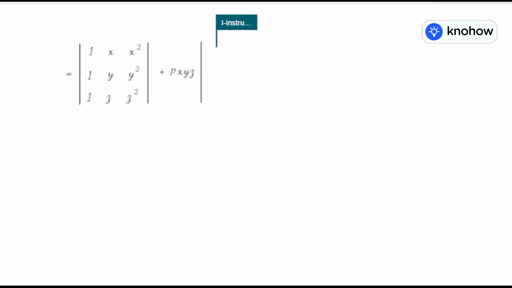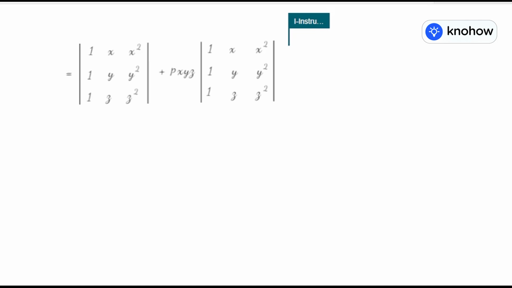You are left with, in column 1, 1, 1, 1. In column 2 you will get x, y, z, and in column 3 you will be left with x square, y square, z square. Now you find that we can take the determinant common from both, and you will get 1 plus pxyz outside.